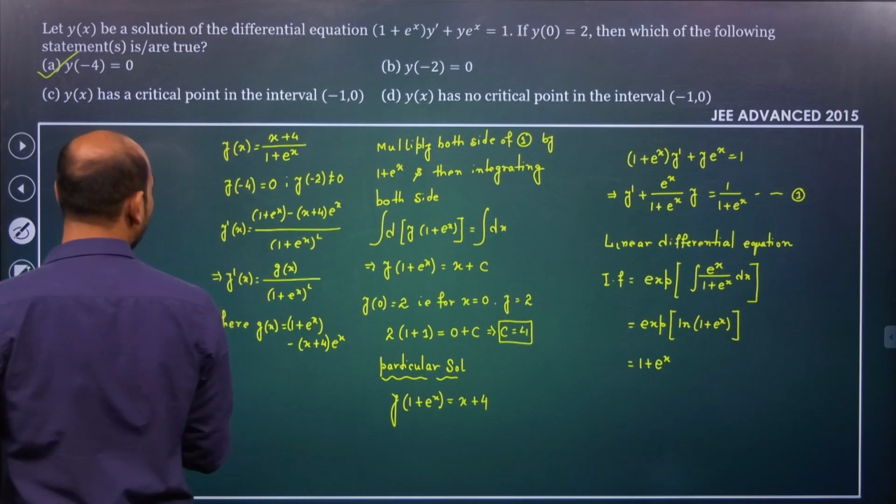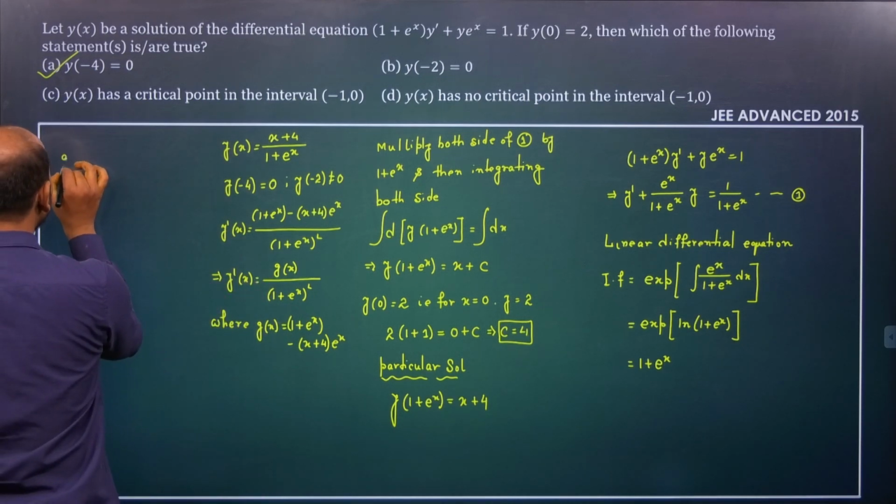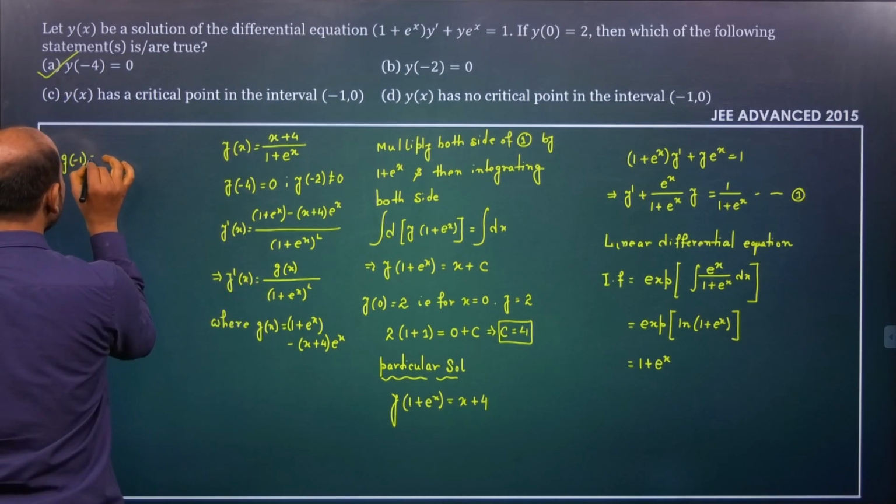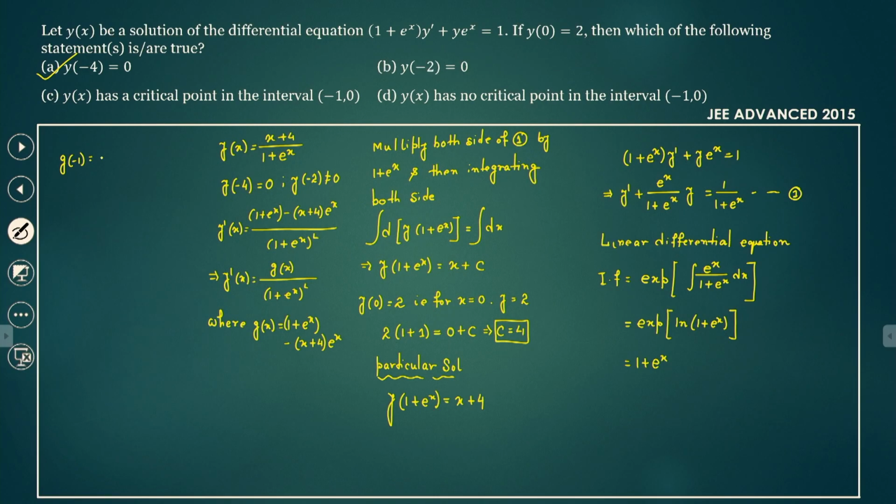So let's calculate that first, g of -1. It gives me 1 plus e to the power -1 minus (-1 plus 4), that is 3 e to the power -1. That gives me 1 minus 2 divided by e.